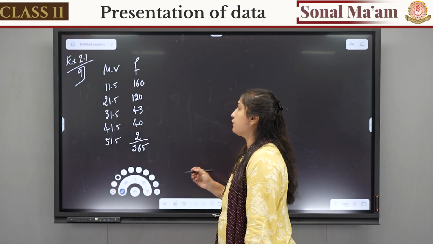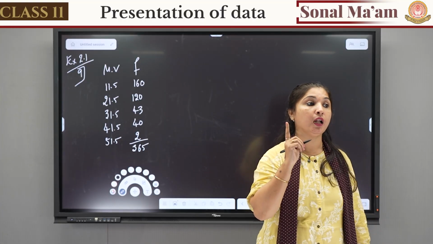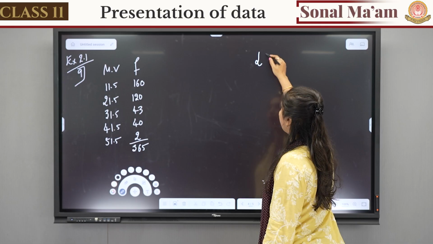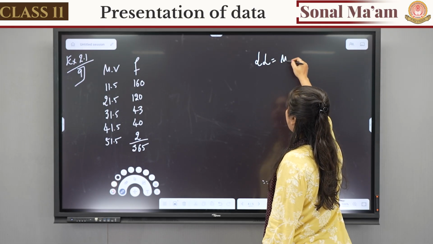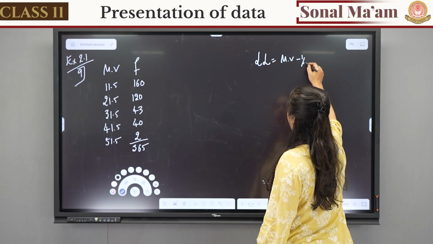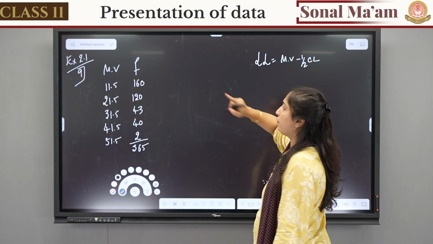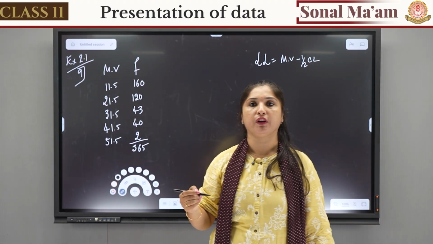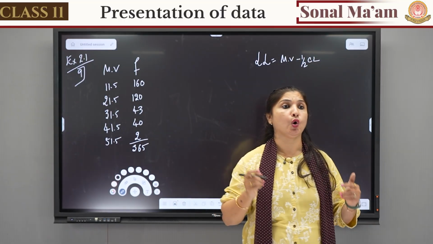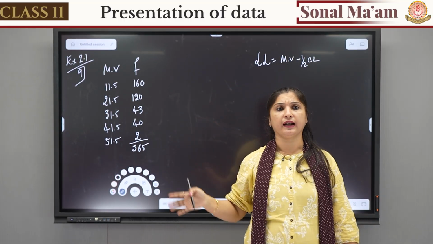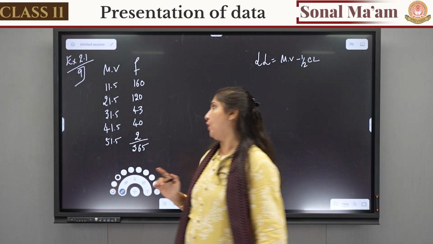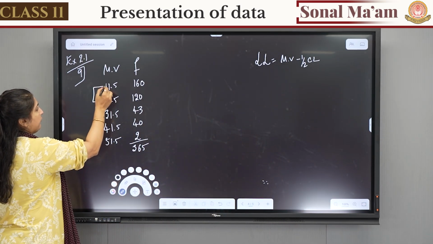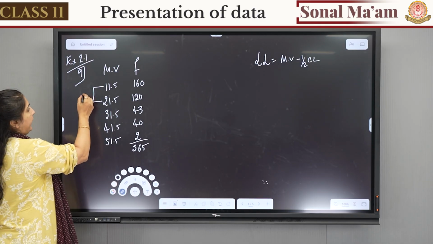Let's see. First, what will we do? We will first find the limits, lower limit and upper limit. The formula for lower limit is mid value minus half class length. Now we have the mid values 11.5, 21.5, 31.5, 41.5, but we don't have the class length. Is class length given anywhere? No. Now can you tell me the gap between 21.5 and 11.5? 10.